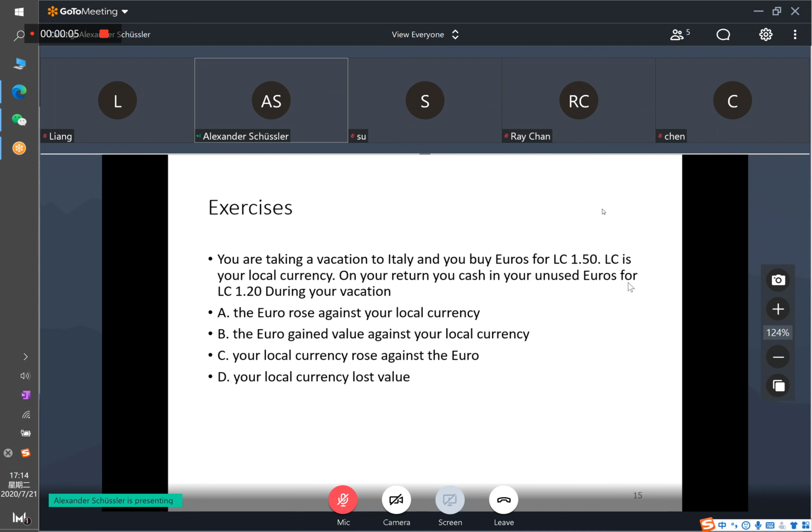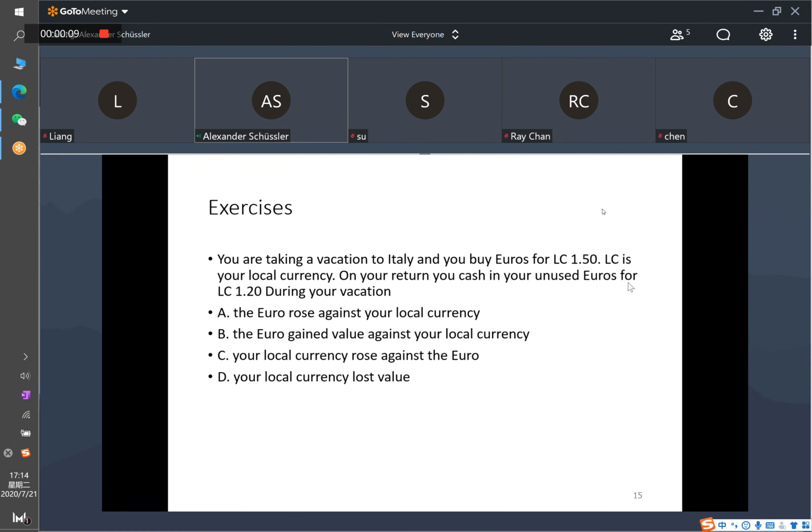Okay, let's go on. We have a couple of exercises. The first is: you are taking a vacation to Italy and you buy euros for LC 1.5. LC is your local currency. On your return, you cash in your unused euro for LC 120.